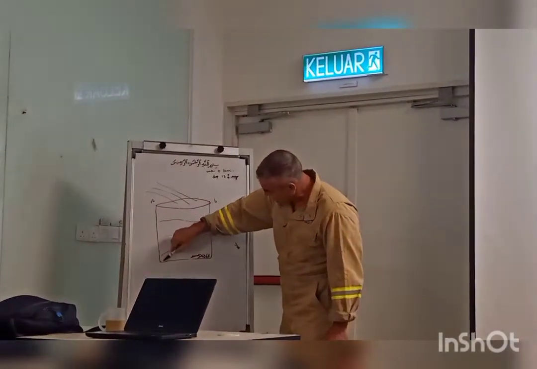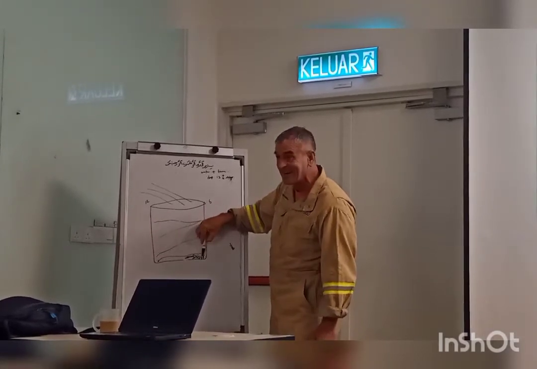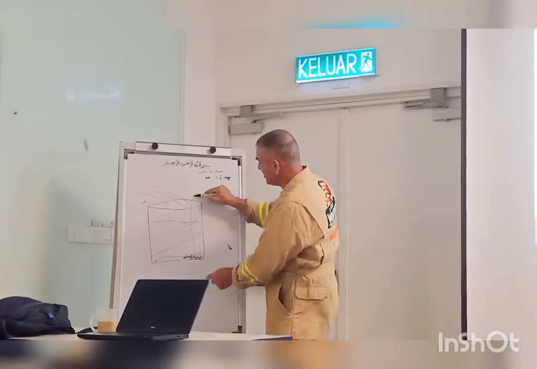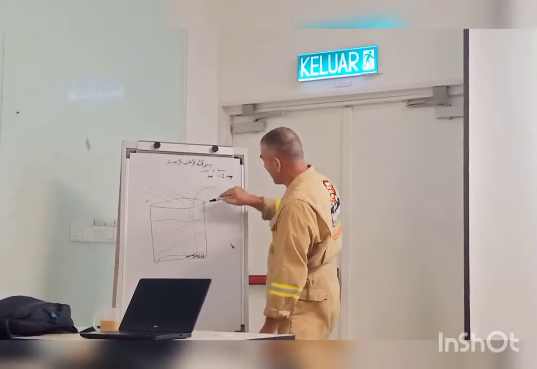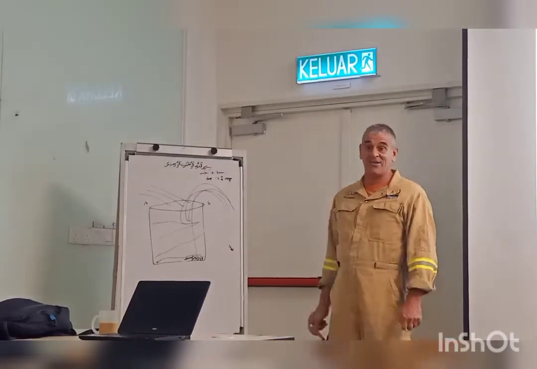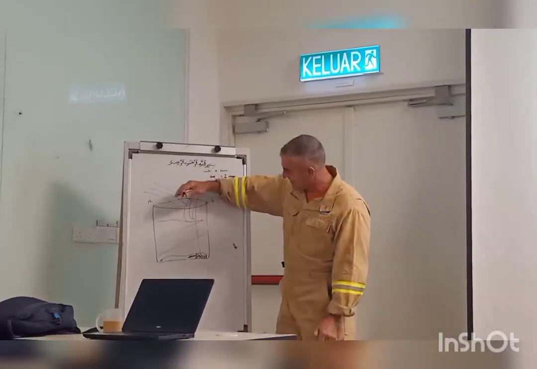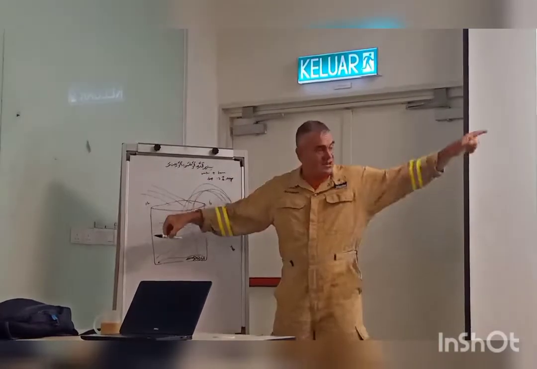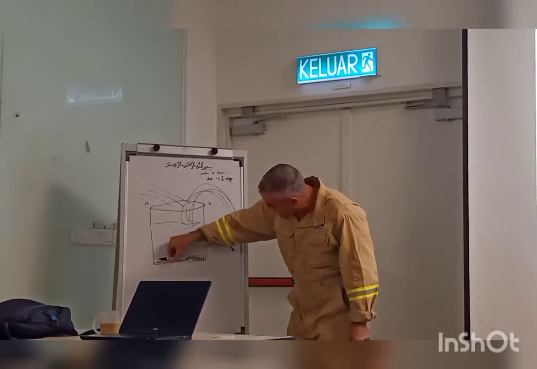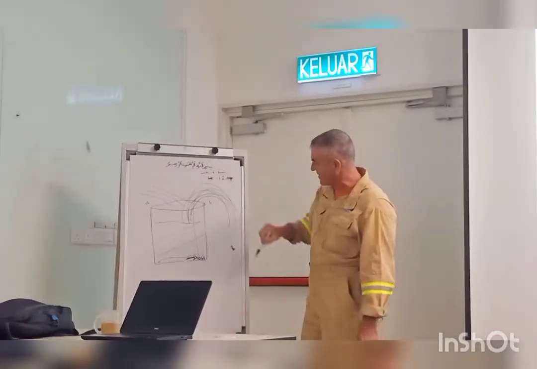So eventually, when that thermal layer hits the water here, now you're going to have your expansion. This is where your crude is going to be coming out, at the 6 o'clock position. So the thermal layer, although we're going to show it coming down straight there, in reality it does come down at an angle. Water runs to this end. Most of your expelled fuel is going to come out this side.